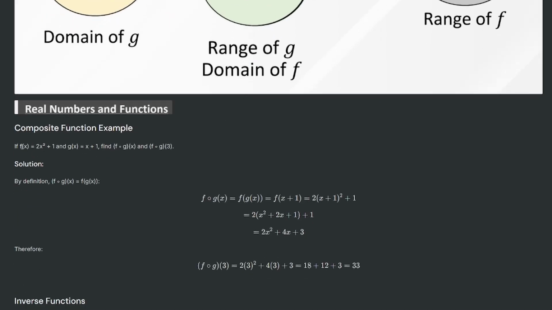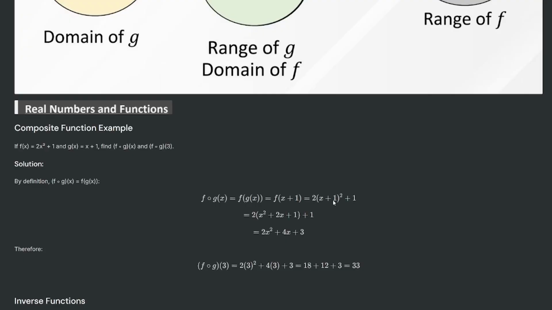Okay, for example take the function f(x) equals x square plus 1 and g(x) equals x plus 1. If we are trying to calculate f of g(x), the composite function, first of all replace g(x) with its real value. What's the real value of g(x)? It's x plus 1, so we write x plus 1, and for f(x) it is x square plus 1.